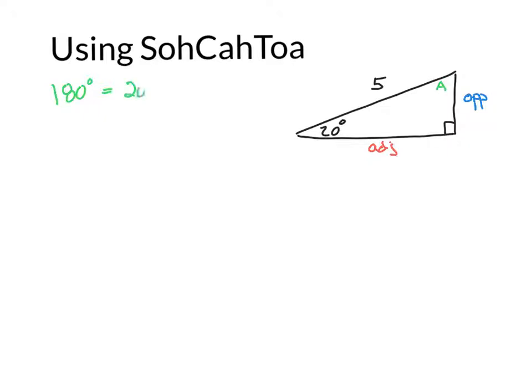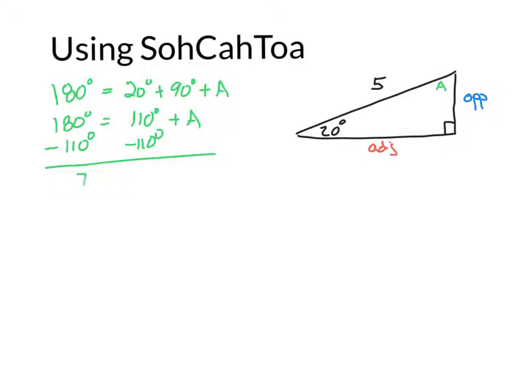That's 20 degrees plus 90 degrees, which is my right angle, plus A. So I have 180 degrees is equal to 110 degrees plus A. Subtracting 110 degrees from each side gives me that the angle measure over there, 70 degrees, has to be the angle A.